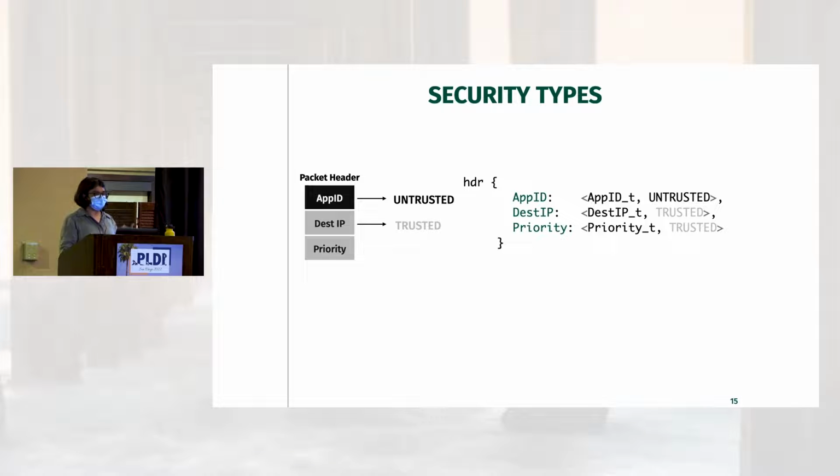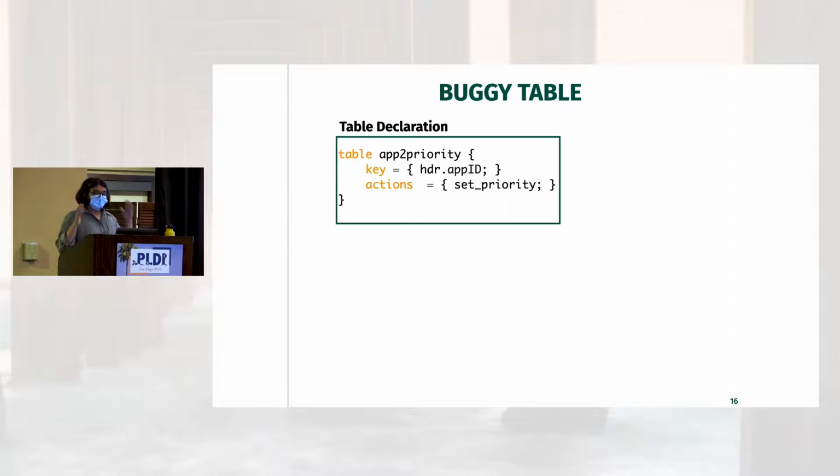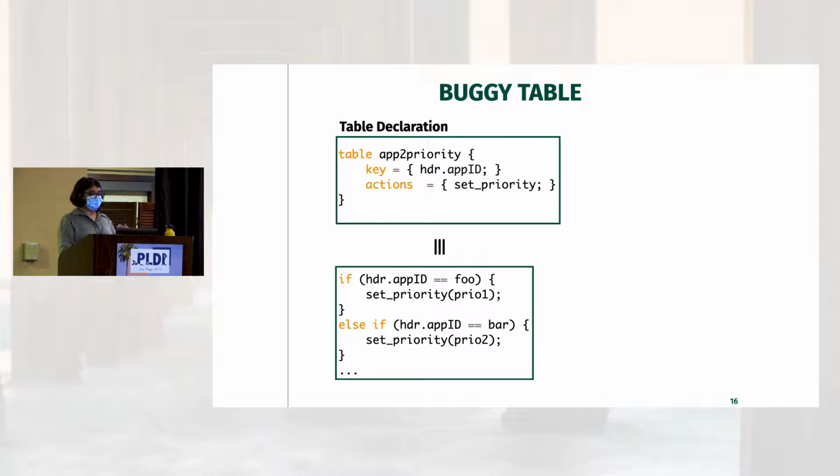And the header type itself would be a record type of all these packet header fields. Once you have a program with the types that we just saw, and you consider the table that we were looking at, which has a high security or untrusted key, it's going to pose an information leak. Why? Because you unfold it into this conditional block. What's happening in the conditional block is that you're branching on an untrusted variable and then trying to set a value to a trusted variable.